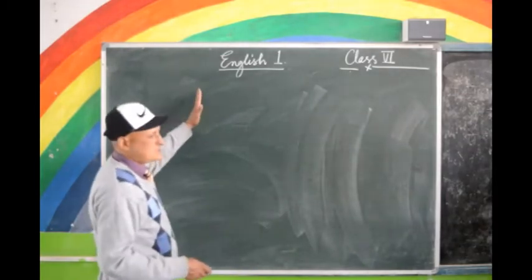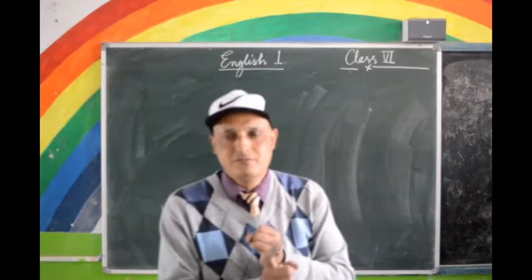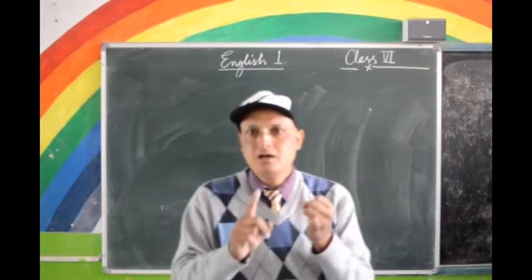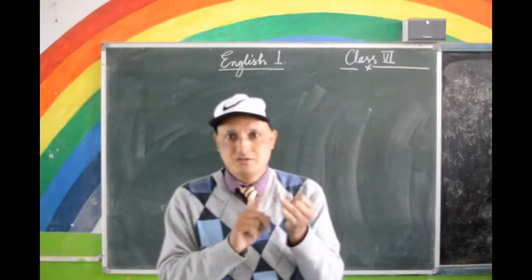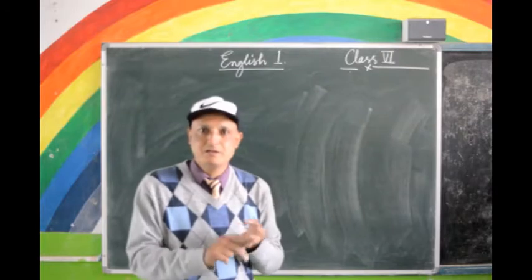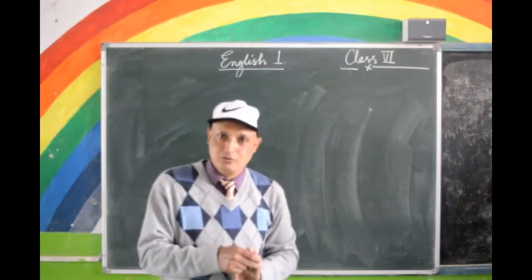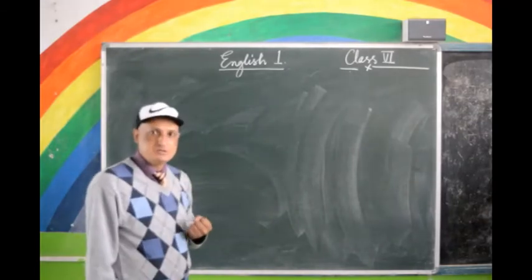So in the previous class we learned about the adjectives, the different types of adjectives. What are they? Adjectives of quality, adjectives of quantity, adjectives of number. We studied about that and we did the exercise on them also. Hope you have completed the exercises that were given to you in the class.